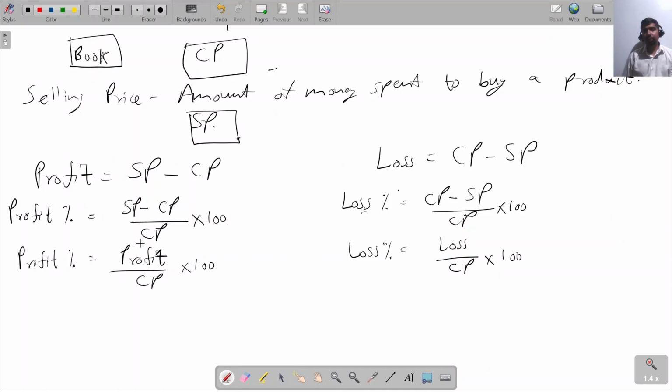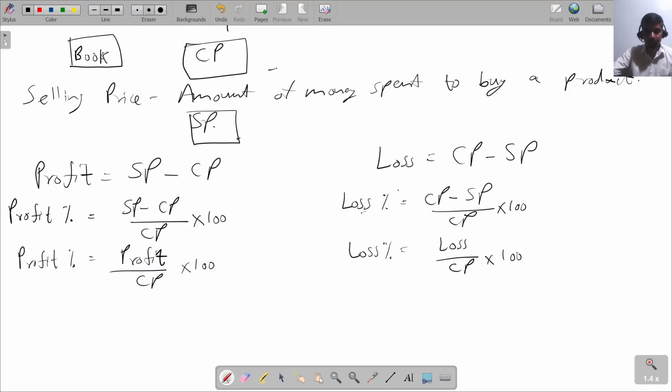Why doesn't CP stay on top? Because you have to compare with the cost price. You need a reference, and the reference is CP. So always keep CP at the bottom. Don't bring it up or to any other place. So these are the 6 formulas you will require for solving the sums in this chapter.